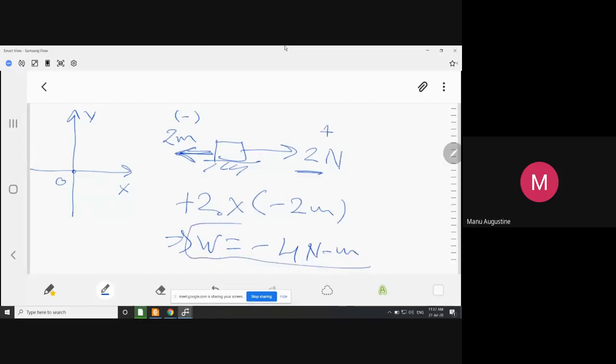There is nothing wrong with this, but it is not the right way to remember. Whenever you are calculating whether the work done is positive or negative, you always have to judge it by whether the applied force and the displacement produced are opposite to each other or not, and that should be the end of story.